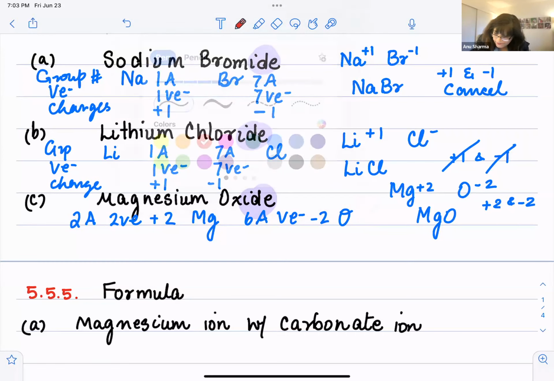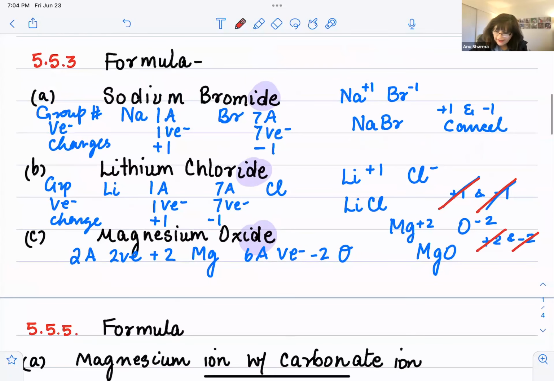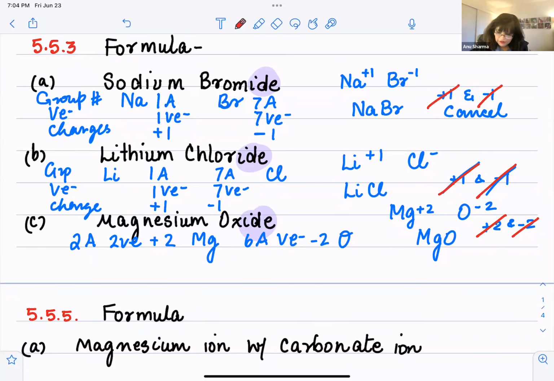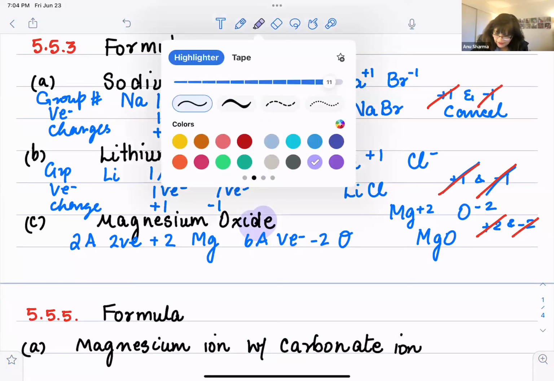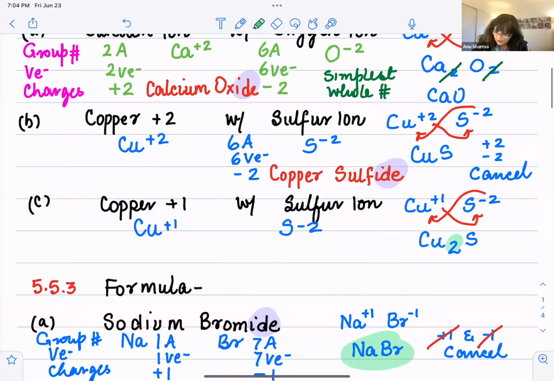Wherever the charges are canceling, you don't write them. So these are the formulas and the answers: magnesium oxide, lithium chloride, NaBr, and the top ones are Cu2S, CuS, CaO, and I wrote the names also, calcium oxide and copper sulfide.